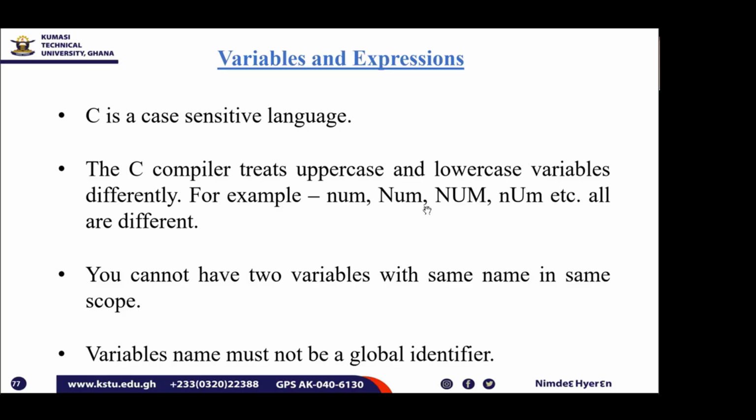So if I have two numbers, instead of just writing num, I am supposed to differentiate them with, say, num1 and num2. A variable must not be a global identifier. It cannot be a keyword.